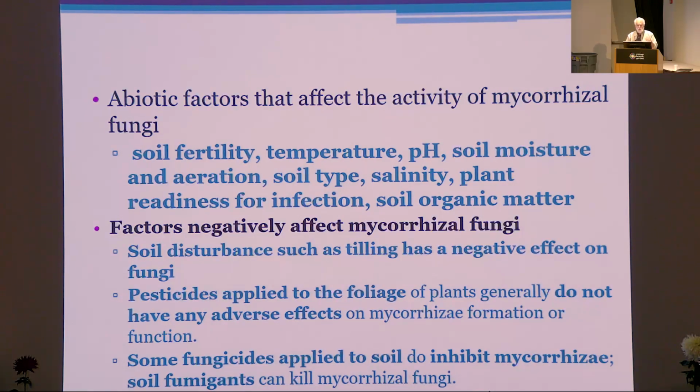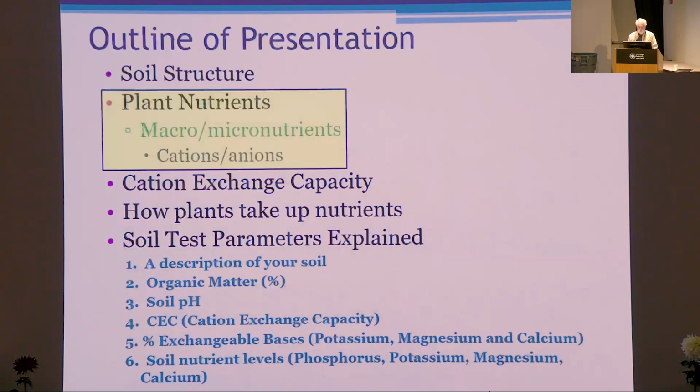While pesticides applied to the foliage don't seem to have an effect on the mycorrhizal fungi, if you put any kind of fungicide in the soil, a fumigant, these will definitely get rid of not only the bad fungi, but all of the good ones. So it's something you should consider. So mycorrhizal fungi are an integral part of the soil.